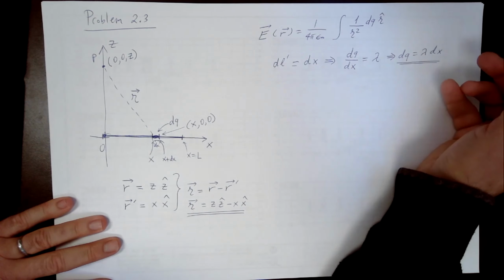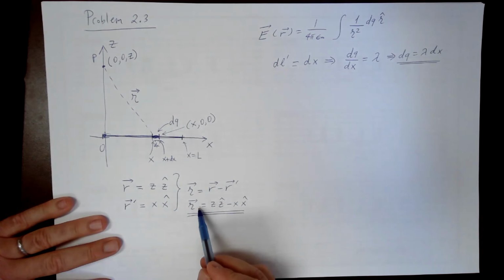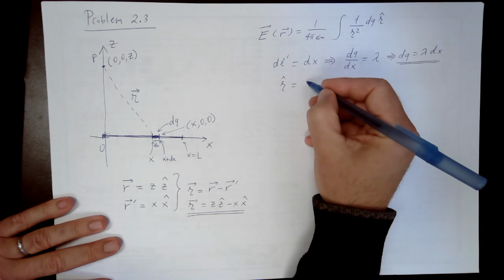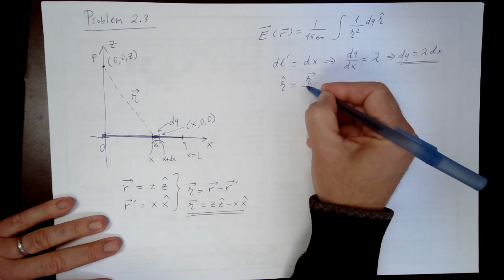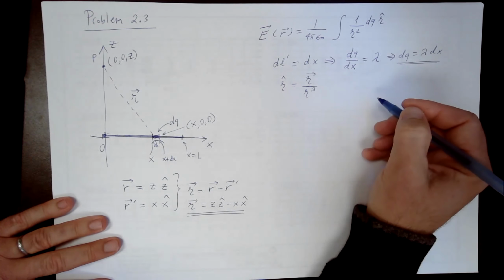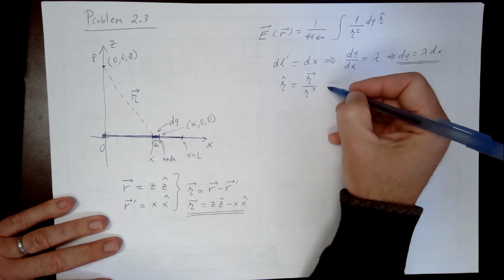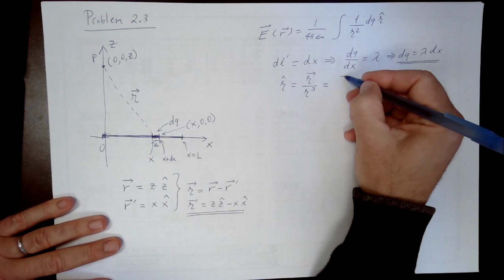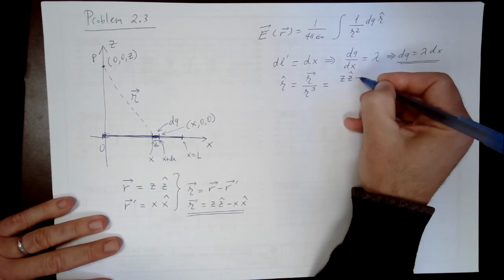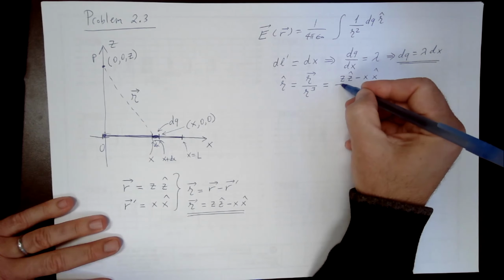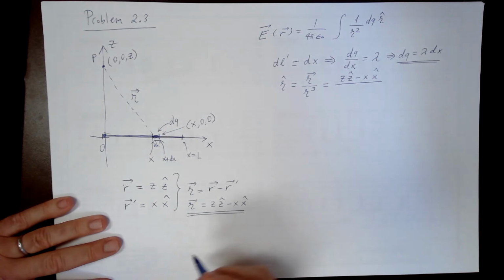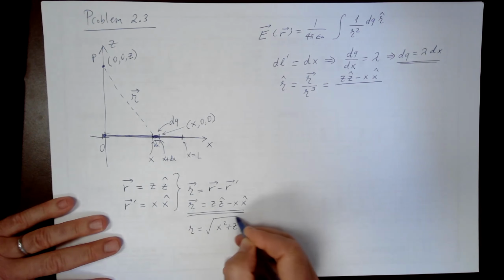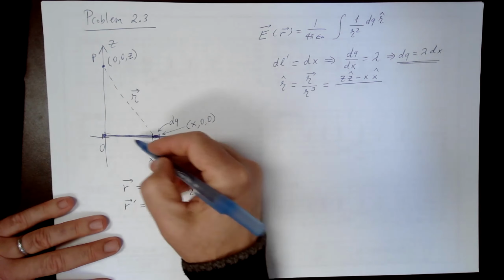Now the script r vector is here, and script r hat is basically the script r vector divided by script r. So I can write this as z z hat minus x x hat, divided by the magnitude, which is the square root of x squared plus z squared. You can see here this is x, this is z.